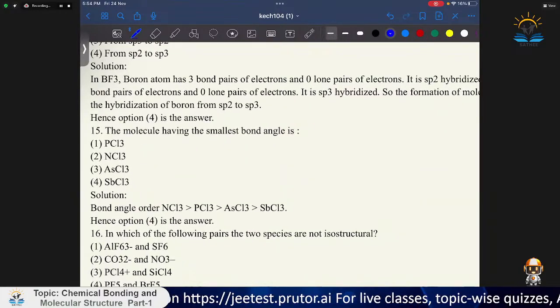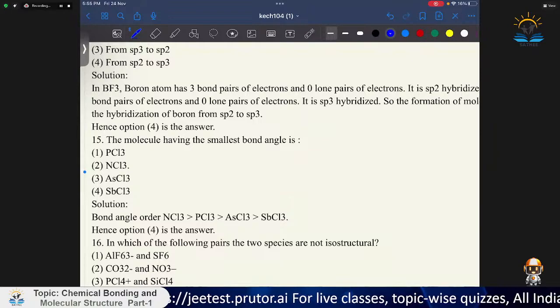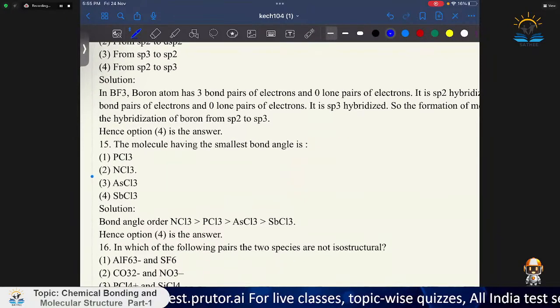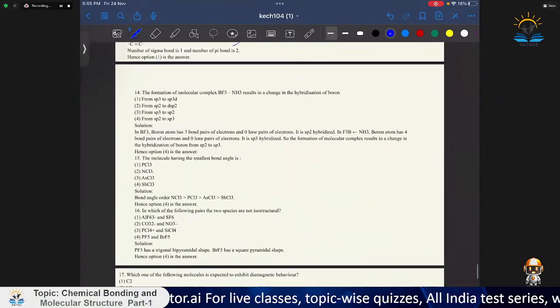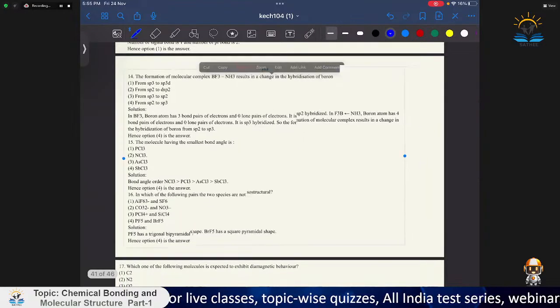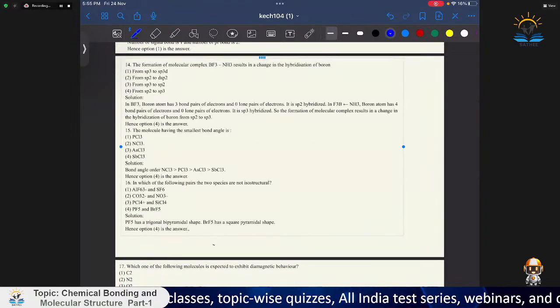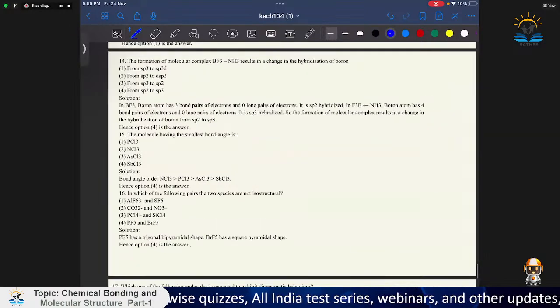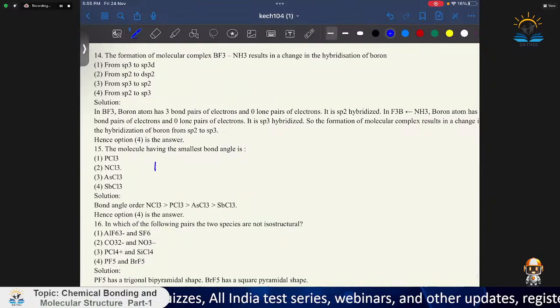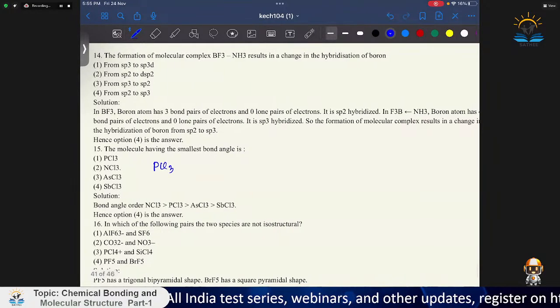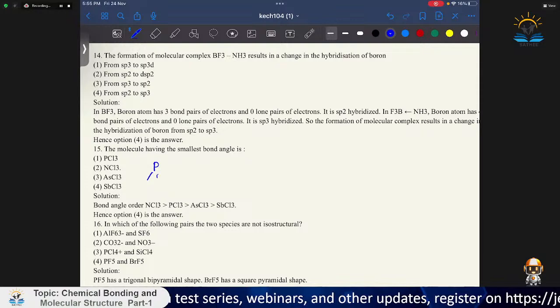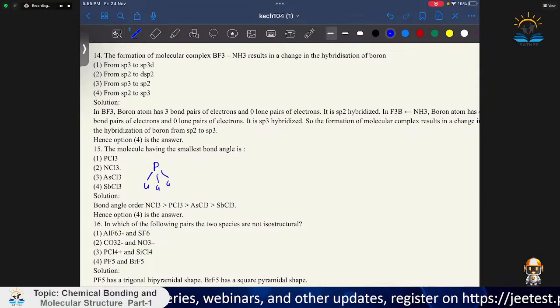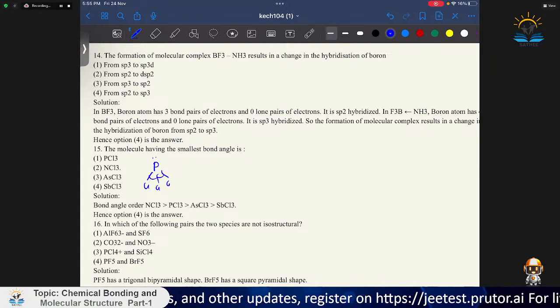Smallest bond angle, PCl3. What is happening? So PCl3 has lots of space. Phosphorus is a large atom. Then comes nitrogen.